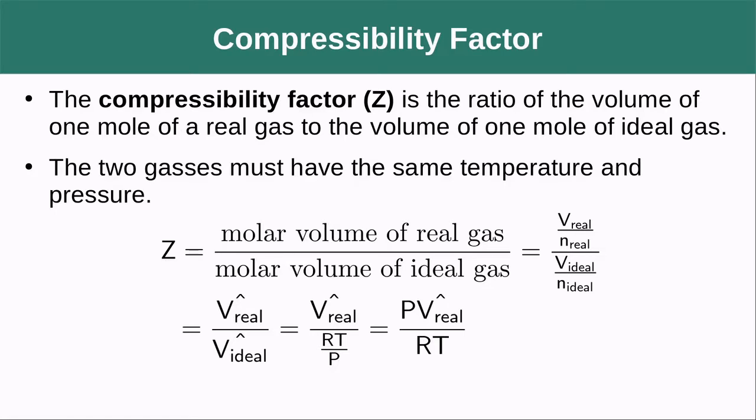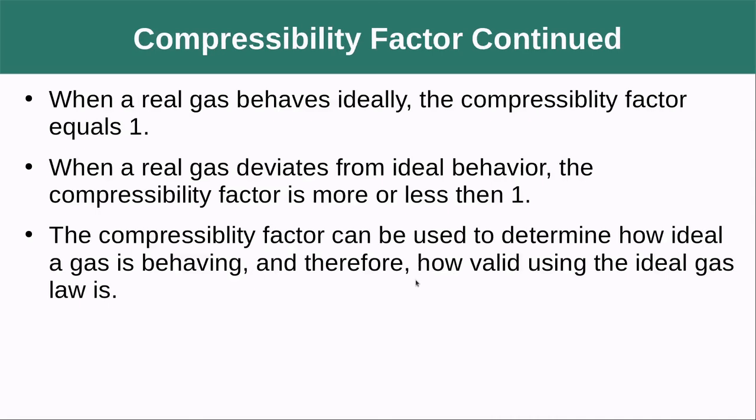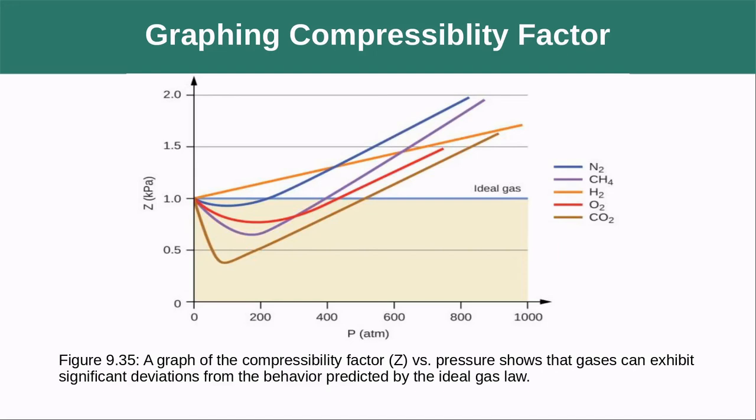This numerator is going to be the same as the denominator here. When a real gas deviates from ideal behavior, the compressibility factor is more or less than 1. The compressibility factor can be used to determine how ideal the gas is behaving, and therefore how valid using the ideal gas law is. We can picture here some Z values for some common gases at different pressures.